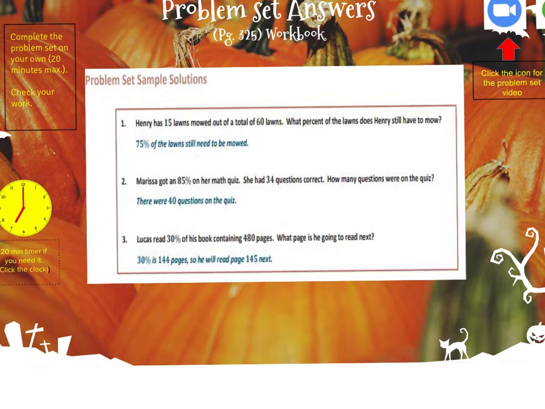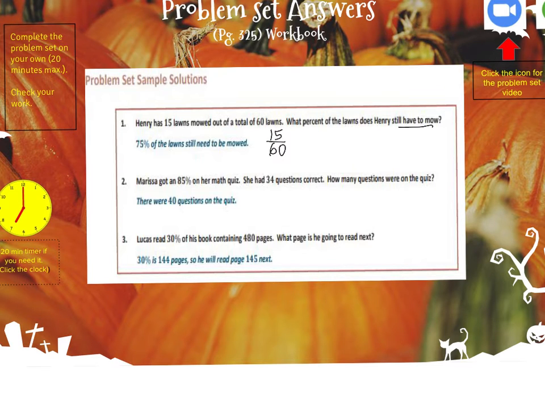So the first problem says Henry has 15 lawns mowed out of 60 total. What percent of the lawns does Henry still have to mow? So I know that he's mowed 15 out of 60, but we want to know how many he has left.